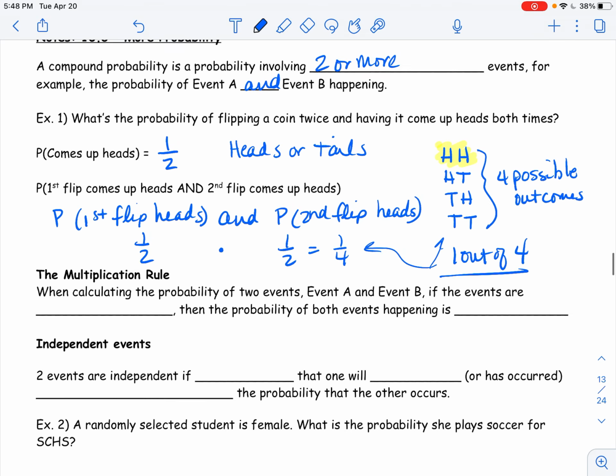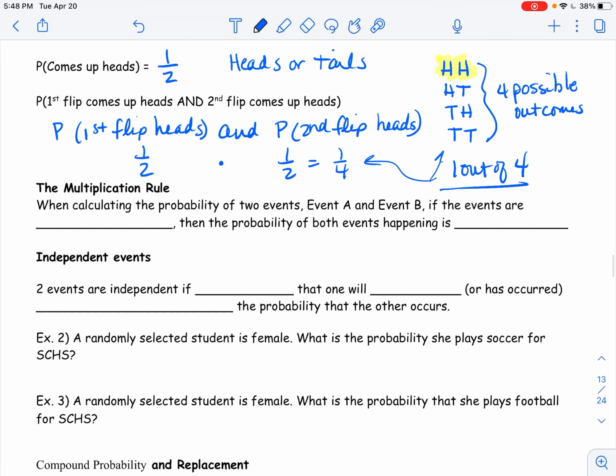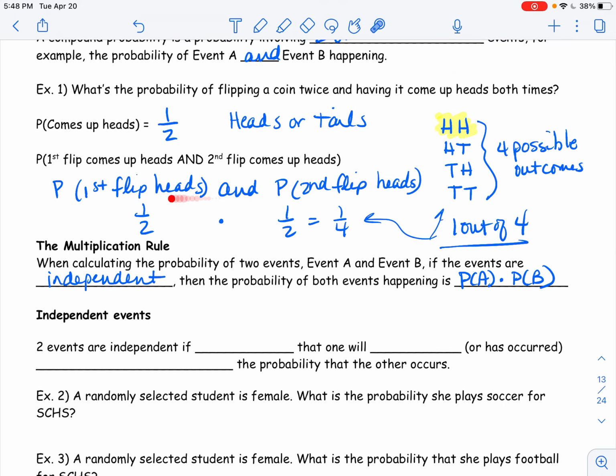probability where we multiply. So the multiplication rule, when calculating the probability of 2 events, event A and B, if the events are independent, then the probability of both events happening is probability of A times probability of B. In our coin flipping, these were independent events.